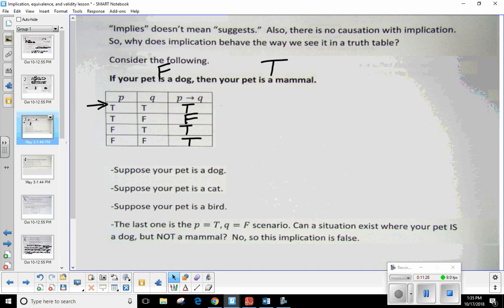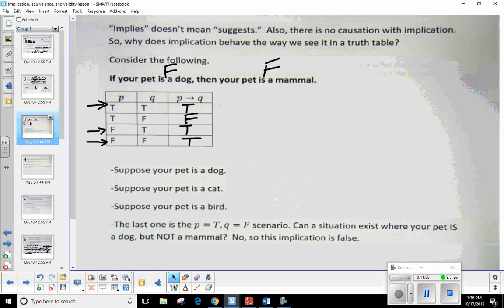So this one's taken care of. Now let's look at this one. Suppose your pet is a bird. Is a bird a dog? No, so that's false. And is a bird a mammal? False. But wouldn't that still be a true statement? If you have a bird, it's not going to be a mammal. So that's false, false. They can both be false, but overall it's true for what we're trying to say.